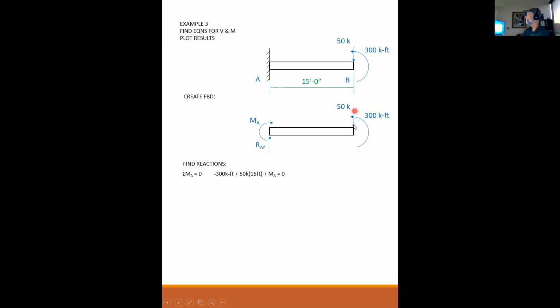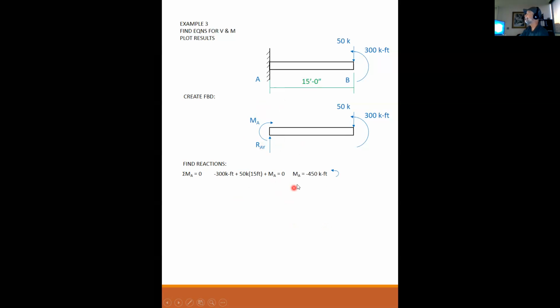Then I have the 50 kips, which does have a moment arm because this is a vertical load times 15 feet, and it's tending to turn it clockwise, so that is positive, plus my end reaction MA. The way that I drew it is trying to turn the body clockwise, so it's positive as well.